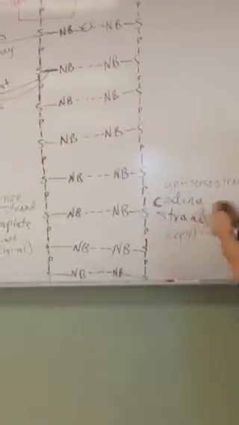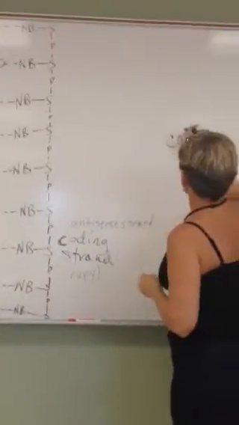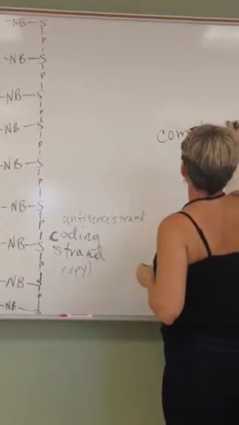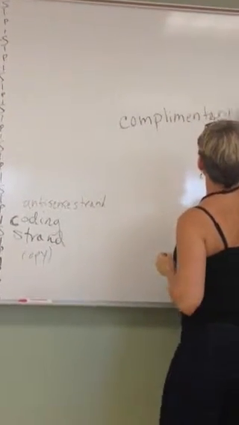These two strands are called complementary. And when the DNA gets copied, you have to do complementary base pairing.